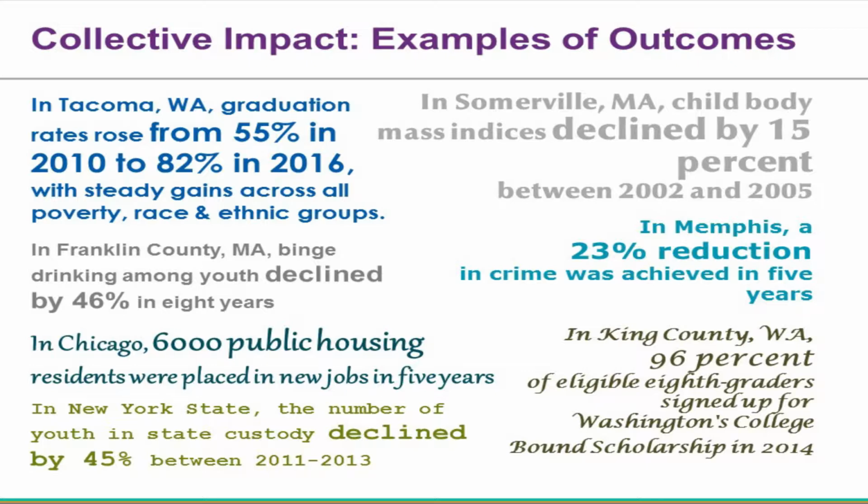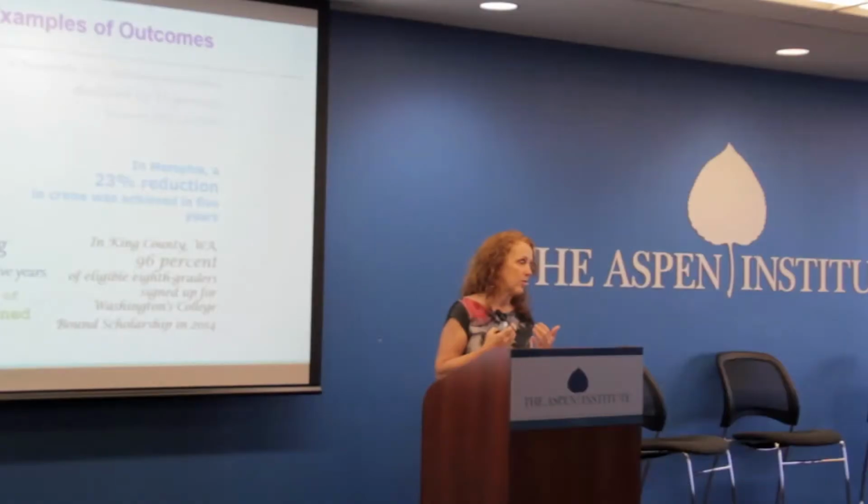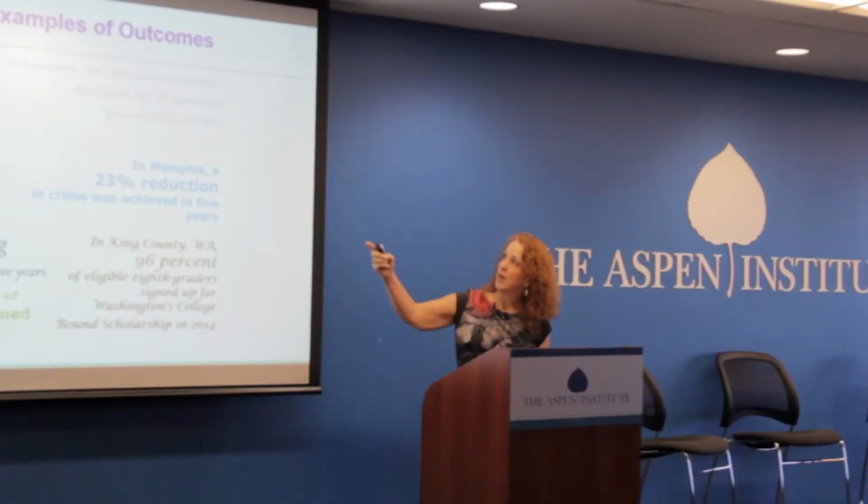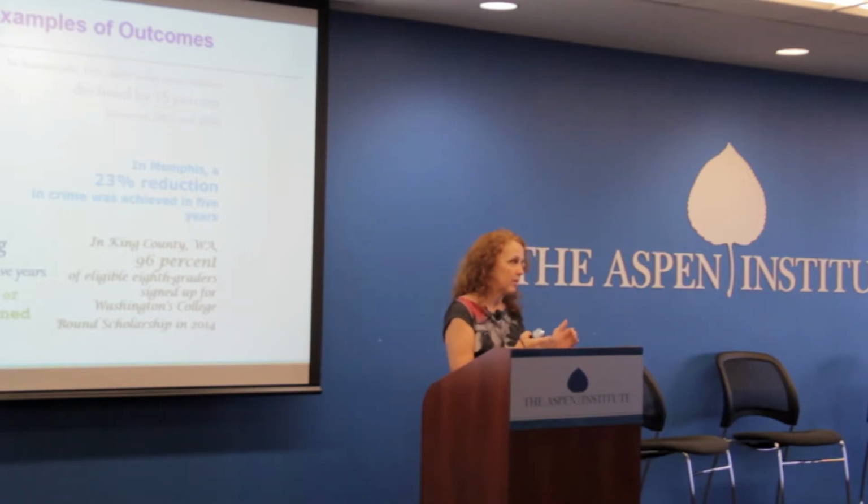The community I've been working with in the last few years on an initiative that springboards off of this has been in Tacoma, Washington, where they were listed as one of those dropout factories. They came together as a community, and the school district was at the lead, saying we've got to be in the work as well. Their Graduate Tacoma initiative looked at how we can turn the curve.